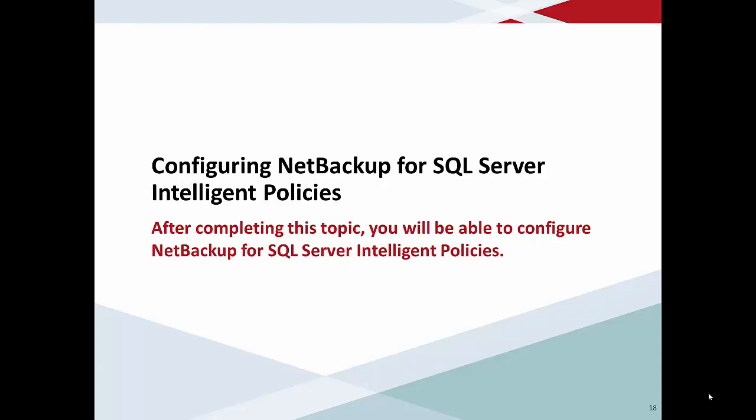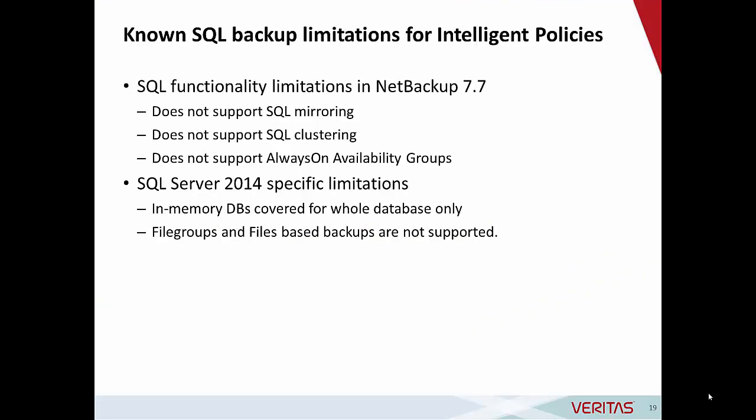This is the Configuring NetBackup for SQL Server Intelligent Policies topic. Intelligent policies are robust and easier to set up than legacy SQL Server backups. There are a few limitations to mention before we get started. Intelligent policies for SQL Server do not support SQL Server mirroring, clustering, or always-on availability groups.